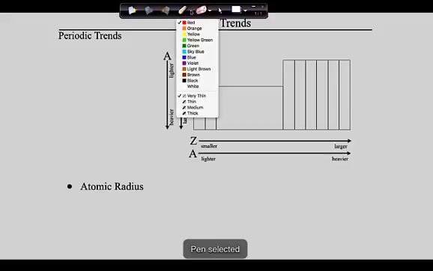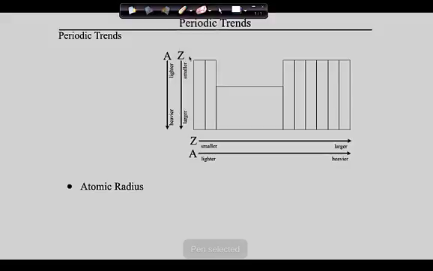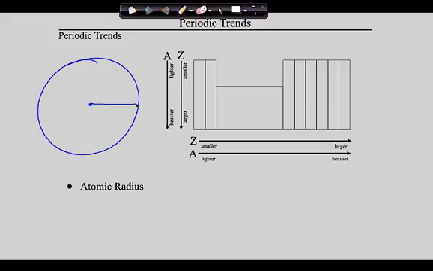Let's talk. In order to understand atomic radius, the first thing that you've got to understand is radius. Don't write this down, but here we've got a circle, and here's the middle of the circle. Where is the radius of this circle? From the middle to the outside. So you understand, guys, from whatever math class this was presented in, this is the radius of the circle, right? And that works great for circles.